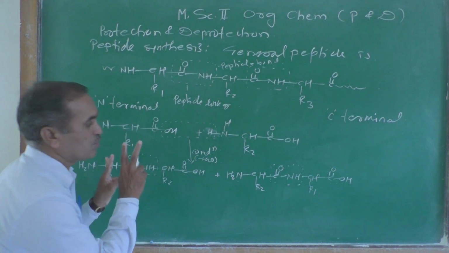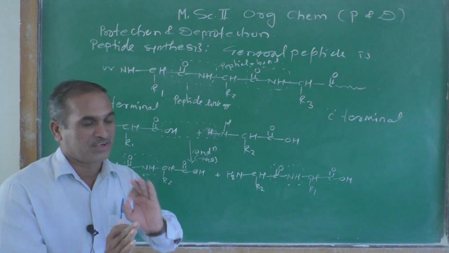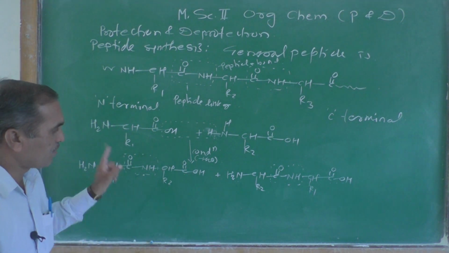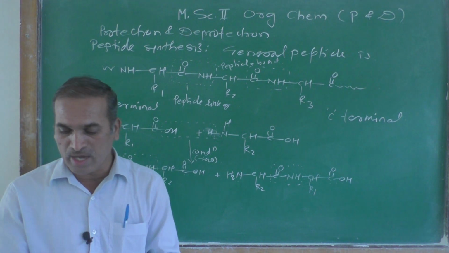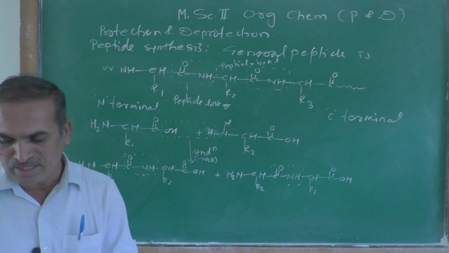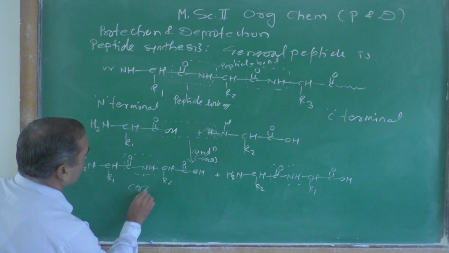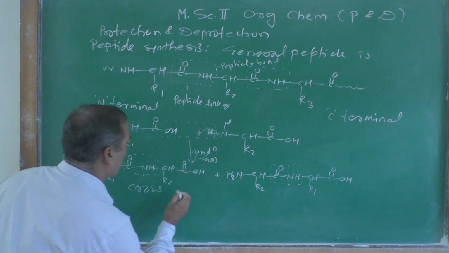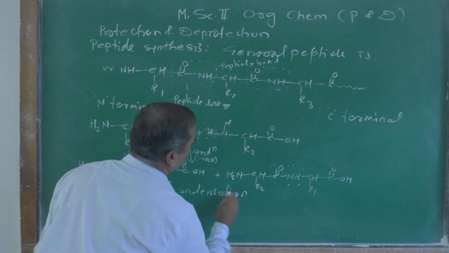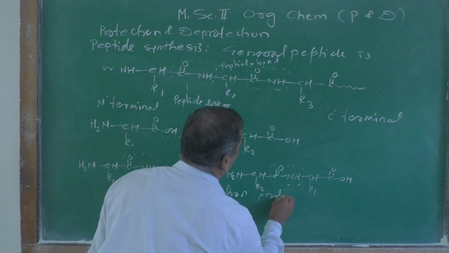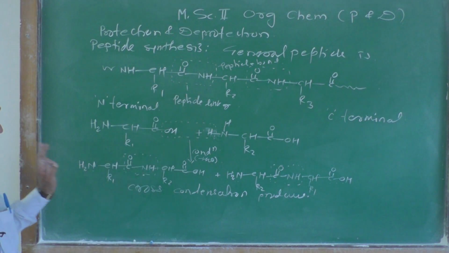Therefore these two products are completely different from each other, and this type of condensation is known as the cross condensation product.